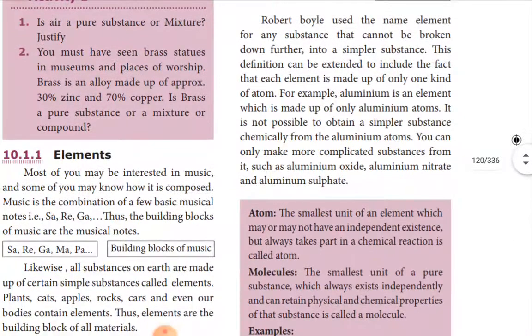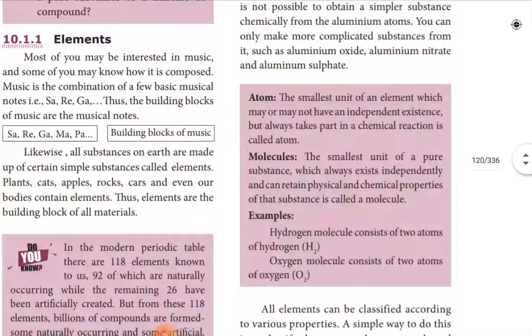Now, I am going to define element. An element is the simplest form that contains only one kind of atom. That is normally called an element. Also, what is an atom?